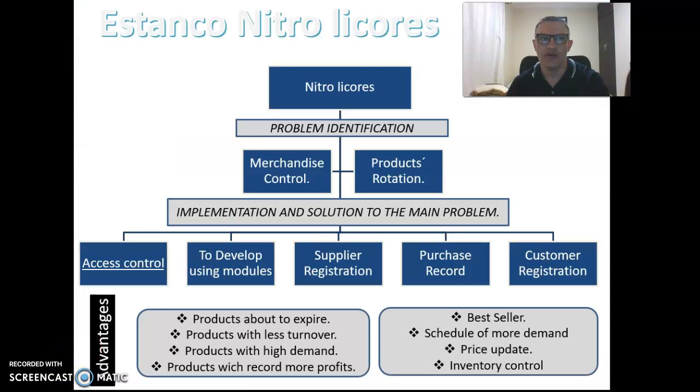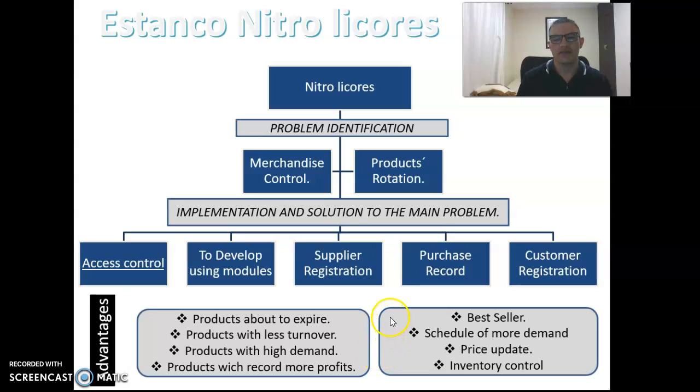These are the advantages of implementing this information system: reduce the risk of having products that are about to expire in stock, reduce the purchase of products with little rotation, purchase products with high demand, and improve the stock of products that meet high needs.